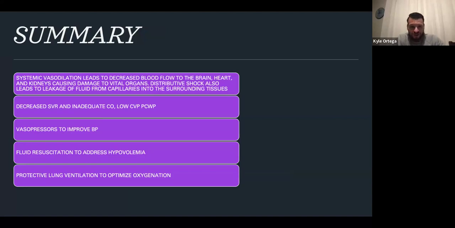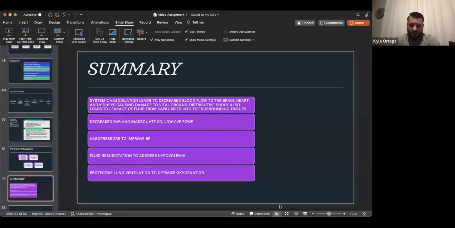You want to use vasopressors to improve blood pressure and fluid resuscitation to address the hypovolemia. That's pretty much key in the treatment. And when it comes to mechanical ventilation, we want to use protective lung ventilation to optimize oxygenation. All right, so that will wrap up distributive shock.